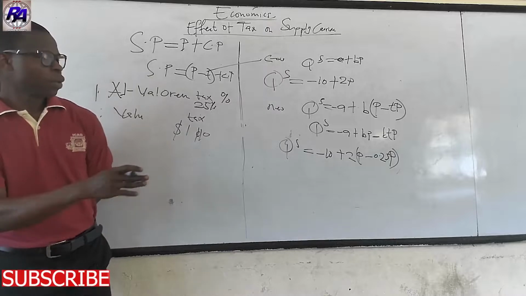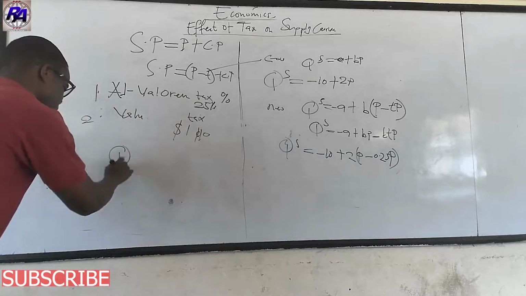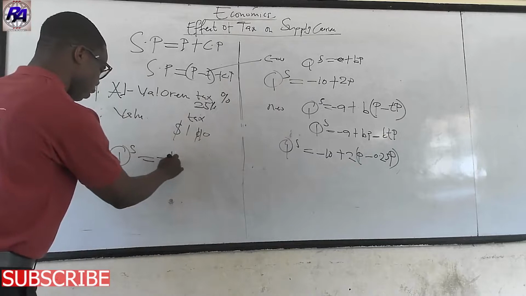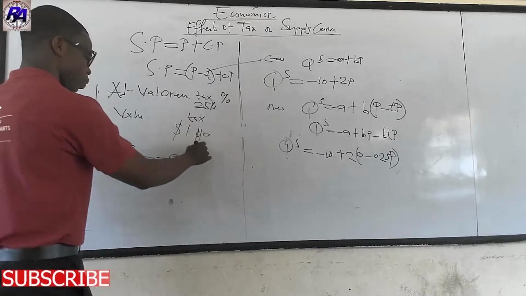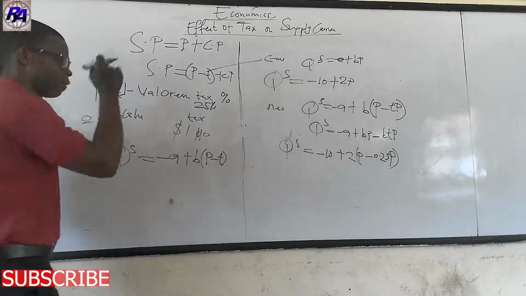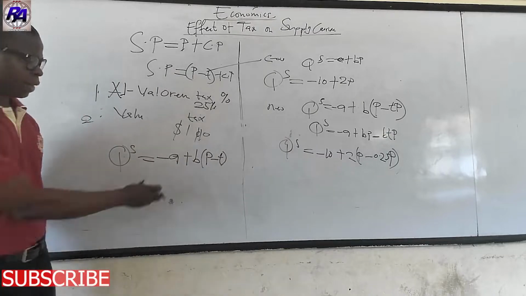What happens when it is a value tax? When it's a value tax, then our supply function after tax is going to be the negative A, which is the intercept, plus our slope B, then into bracket the price minus tax T. This is when it is a value tax. So this T here is the tax. When it is a value tax, this is the function we use.